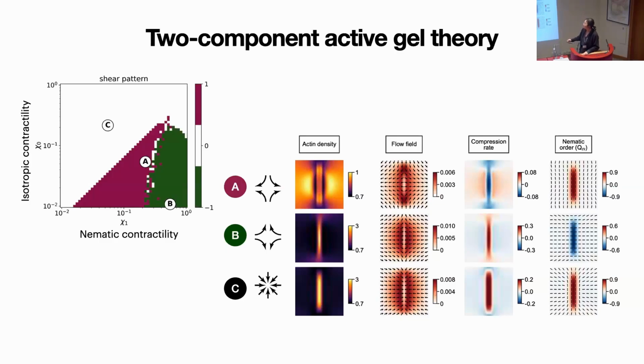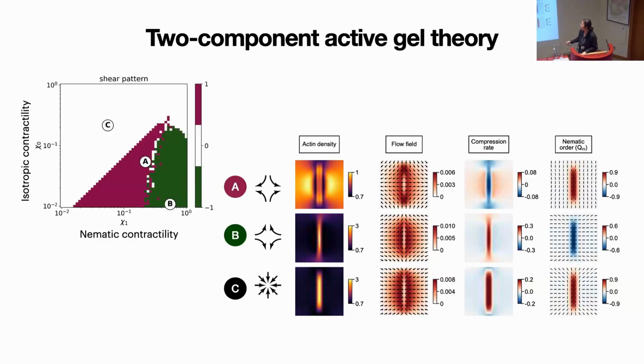Let's look at the C region, which is high isotropic contractility and low nematic contractility. This is just the same as the C. elegans example, where we get isotropic contractions everywhere, but just because of this squeezing effect by the velocity field, we get a nematic alignment in the cable.